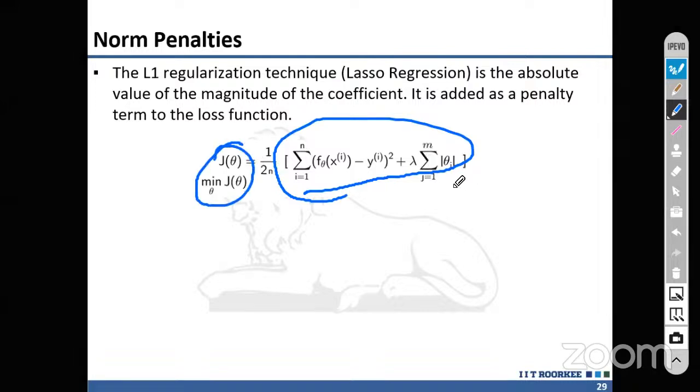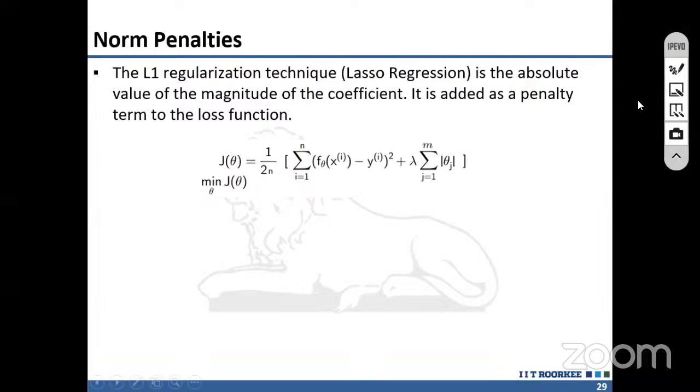For example, if W1 is 0.8, or W5 is 0.4, all these weights are very large. We do not want such high values of weights, we want small weights. If you increase the weights, then the total loss will also increase. So this is called lasso regression or L1 regularization.